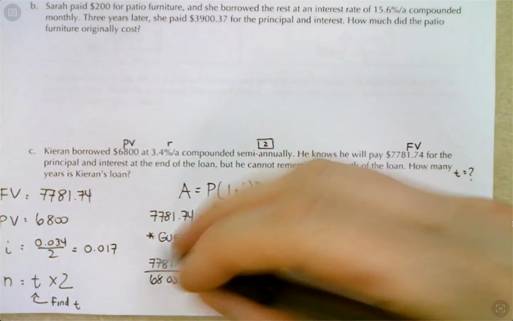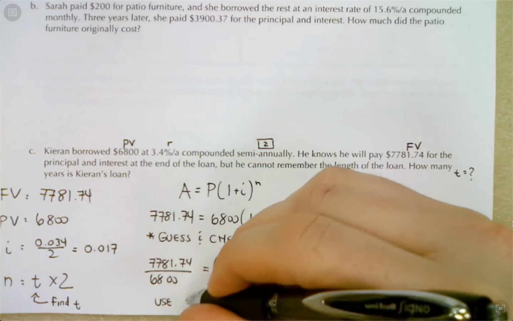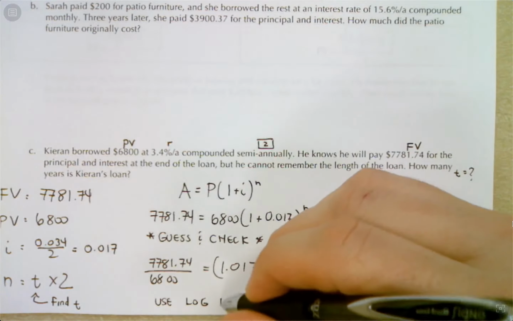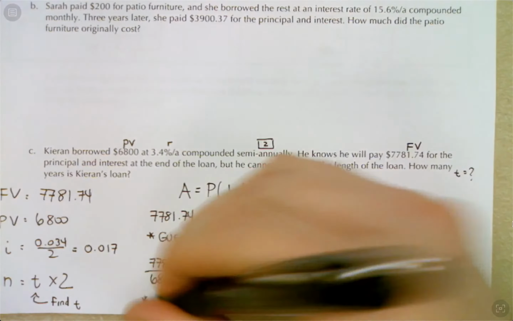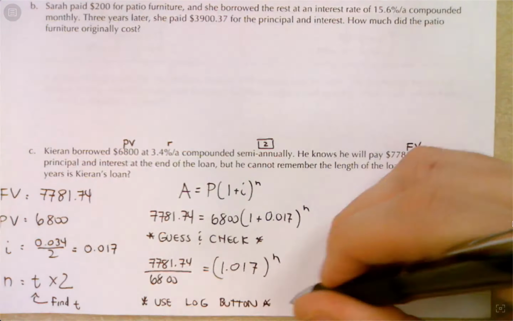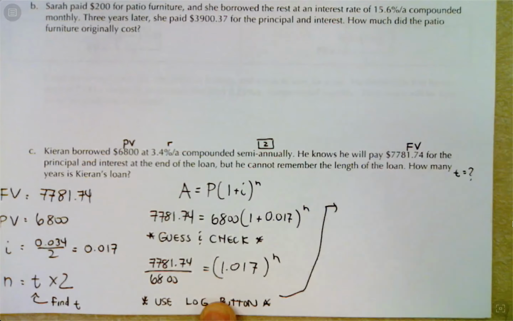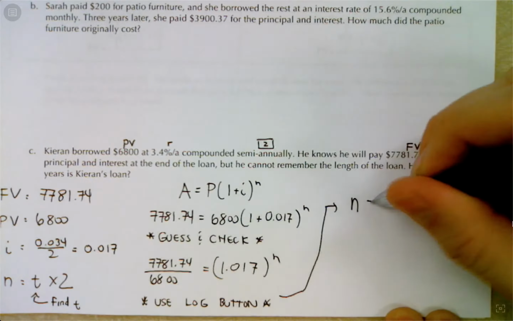So now what you can do is you can use the log button. And how you use the log button is, because of the log laws that you're going to learn in advanced functions, you can take the log of the left divided by the log of the right, and that will give you the exponent. So what's that look like? That looks like this.